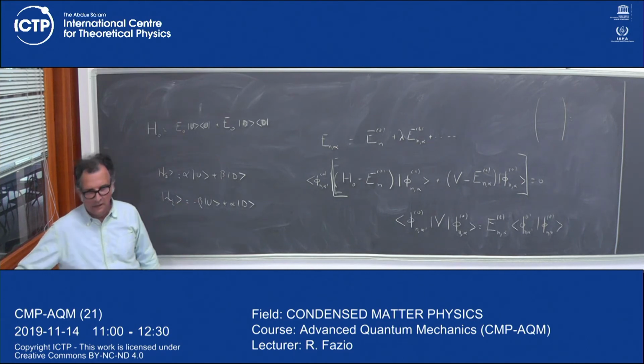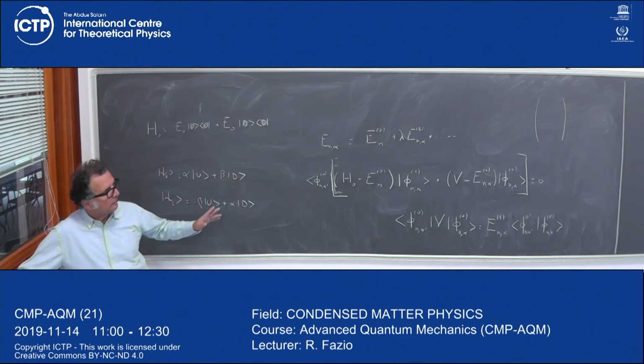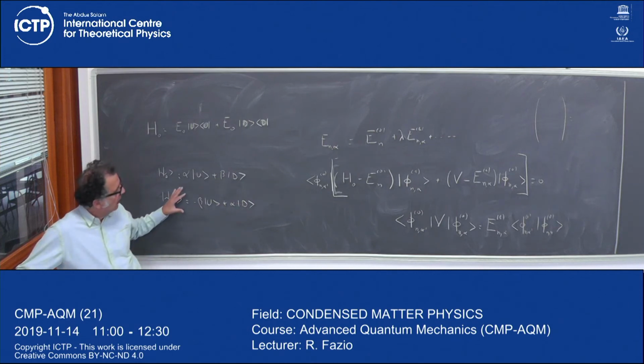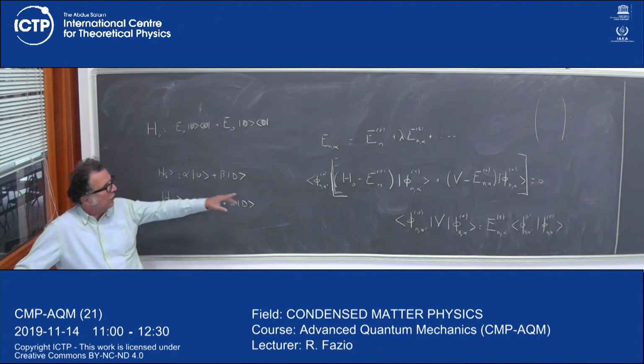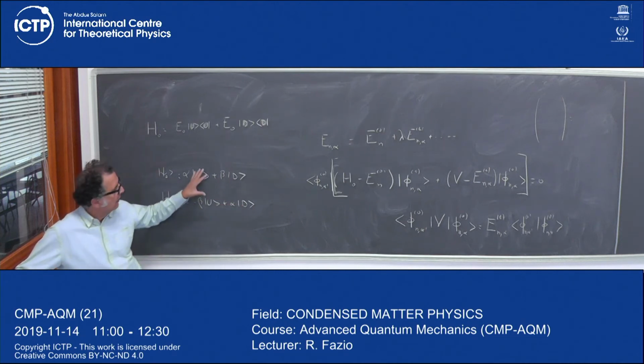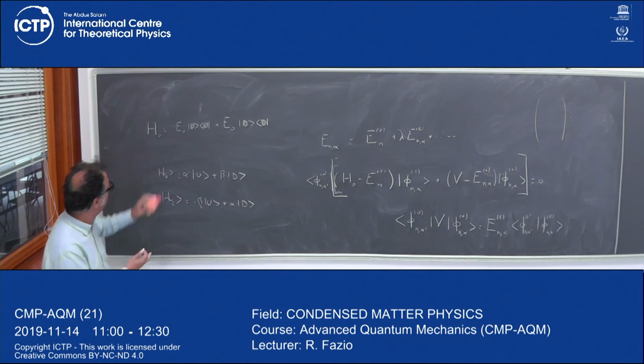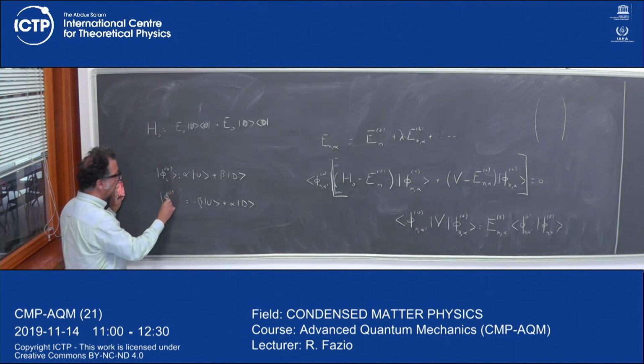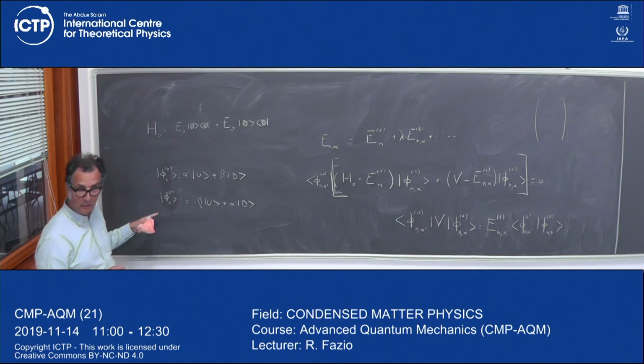No. Now, the question is first that I want to determine E1. So far, sorry, I made a mistake. Let's call them phi 0 of 1 and phi 0 of 2, okay?